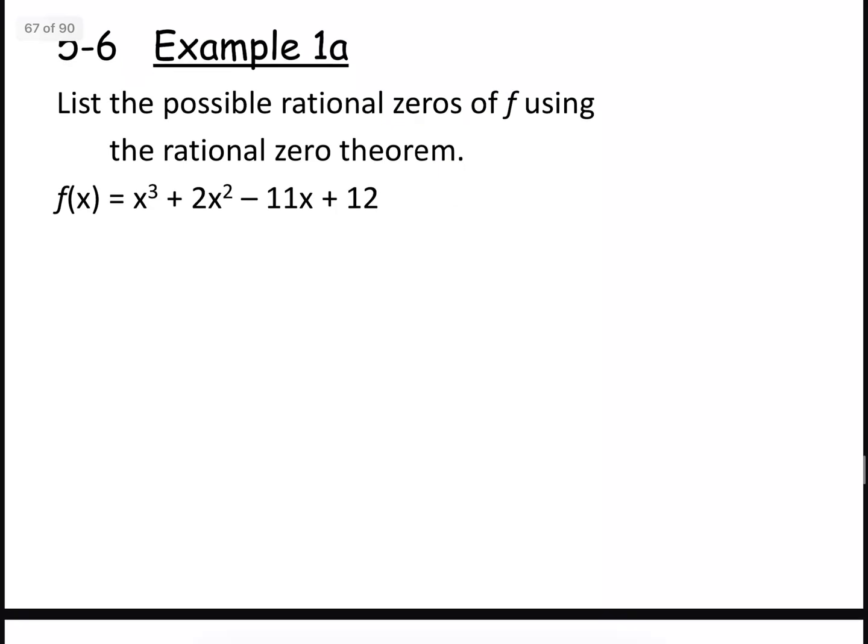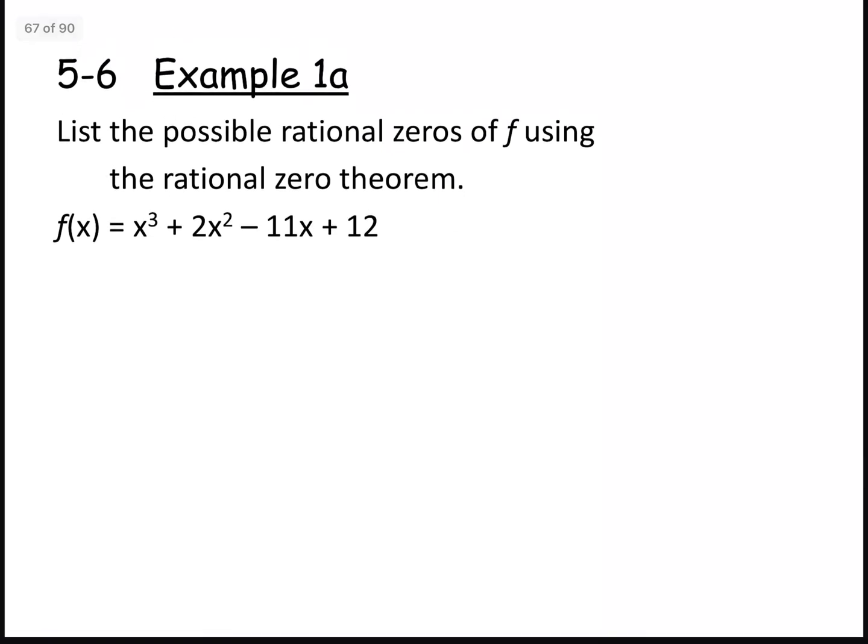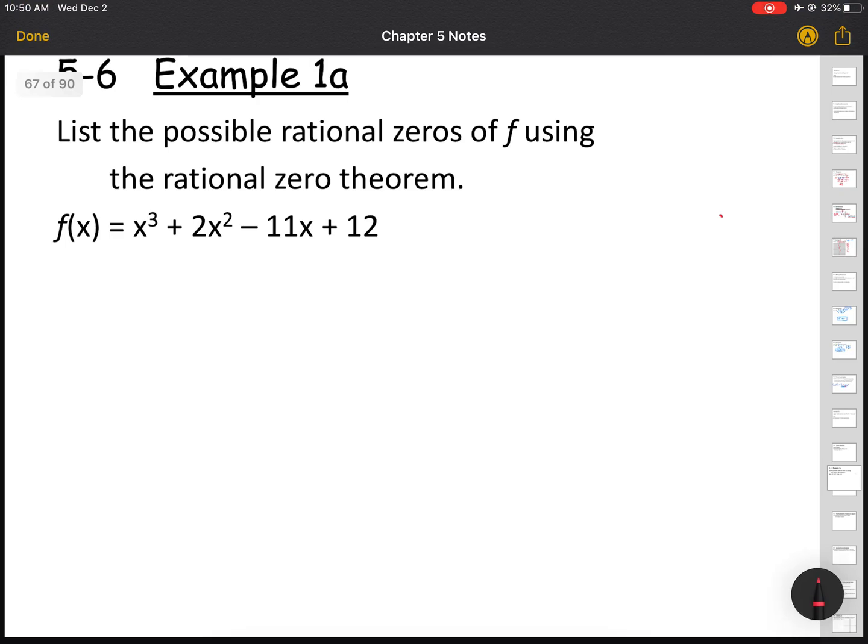So for example, we're going to list out the possible rational zeros of f using the rational zero theorem with this polynomial. First I want to think about my p's. Remember, the p comes from the factors of the constant, and in this case that is 12.